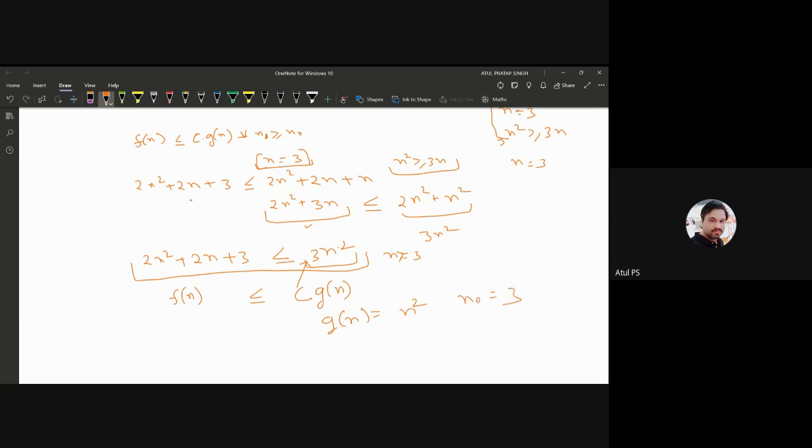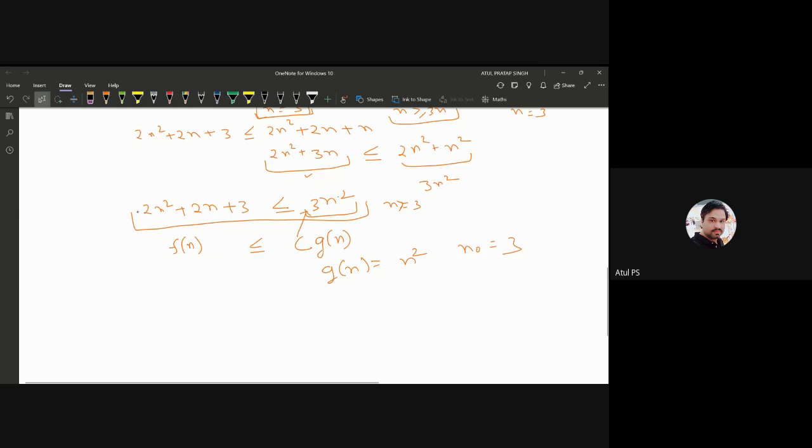All the required values we have calculated and proved, so we can write f(n) equals big O of g(n). What is g(n)? So big O of n square.